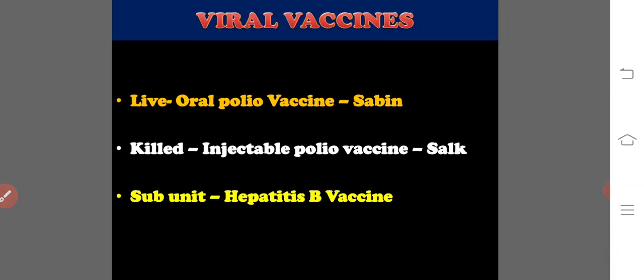Coming to the viral vaccines, there is the live oral polio vaccine, which is called the Sabin vaccine, and the killed polio vaccine, which is intramuscularly injectable, that is the Salk vaccine. For the subunit vaccine, the best example is the hepatitis B vaccine.